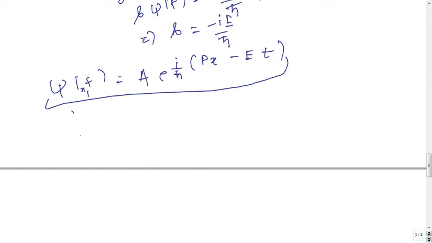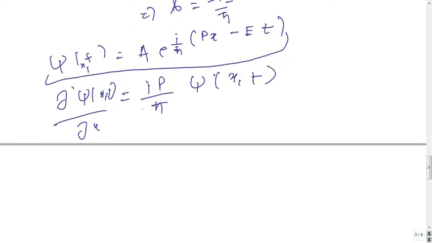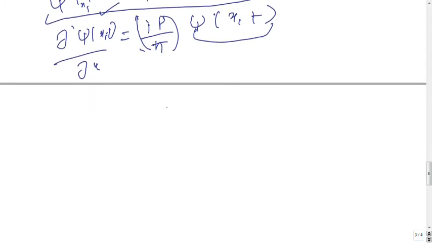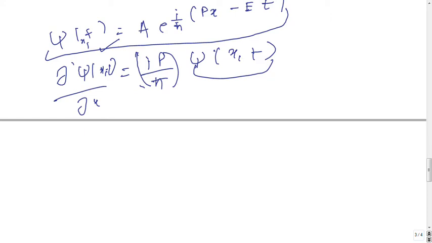If you differentiate this wave function with respect to x, you would get iota p by h bar times psi of x, t. Note that this wave function is an eigenfunction for the operator del x, because when I apply del x on this wave function, I get a complex number times the wave function again. So it is an eigenfunction of the differential operator.